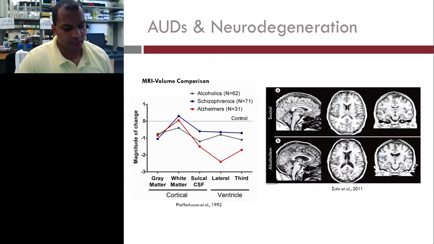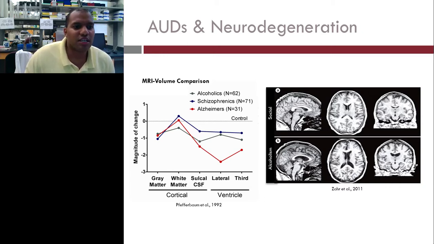While most people may not think about alcohol abuse as being a neurodegenerative disorder, people who suffer from alcoholism and are chronic consumers of high levels of alcohol do have damage to the CNS that's just as debilitating or damaging as individuals with Alzheimer's disease.